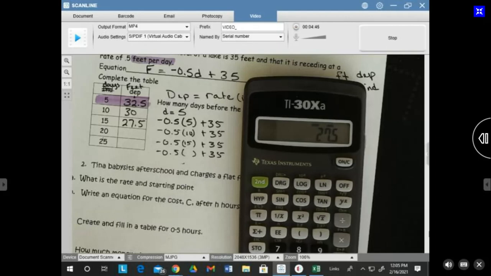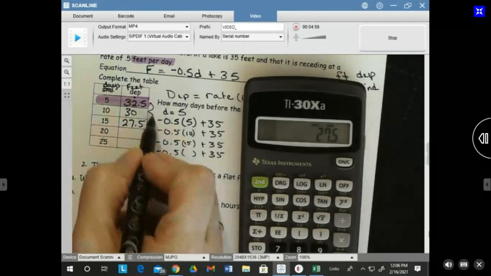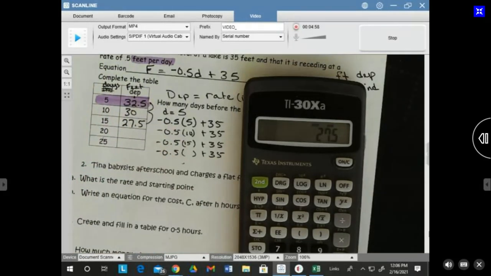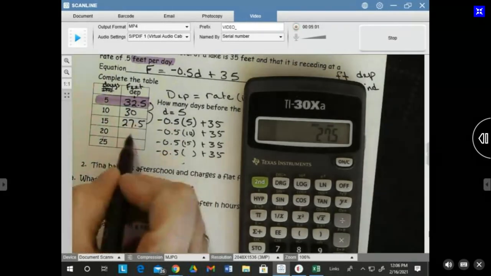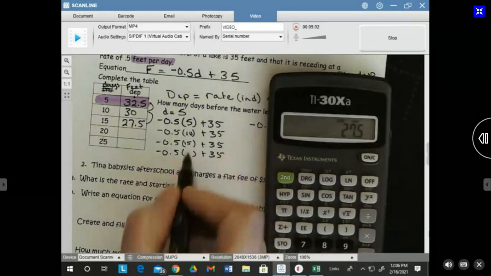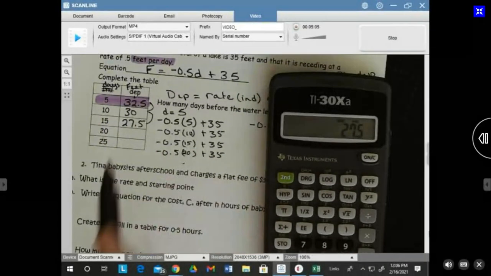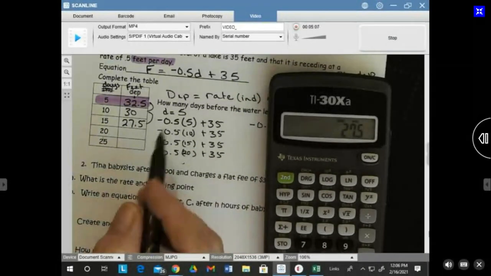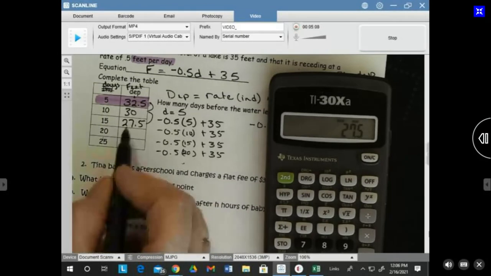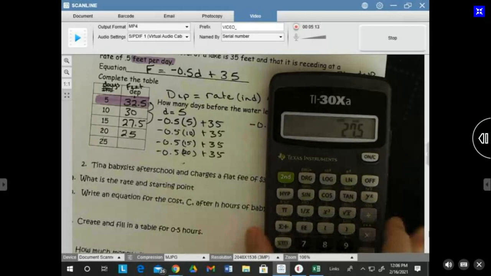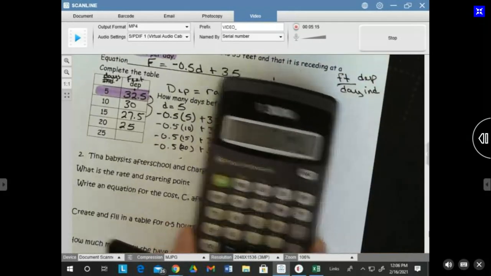Is it going up or down? Okay, so I'm coming down by 2.5 every time. Let's see, if I did 27.5 minus 2.5, what would I get? 25. So let's see if that works out.